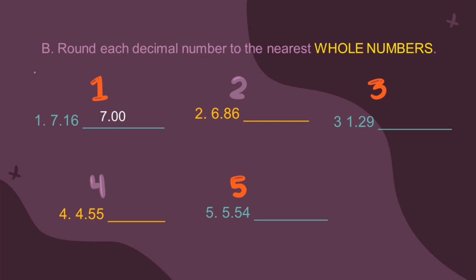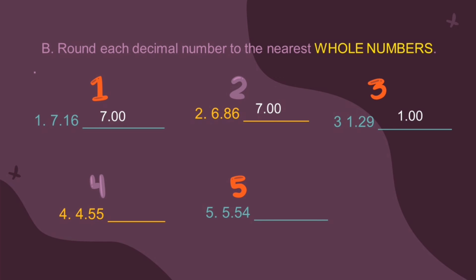Okay, very good. Number 1 is 7. Number 2, 6.86 is 7. Very good. Number 3, 1.29. Round off to the nearest whole number. Very good. Answer is 1.